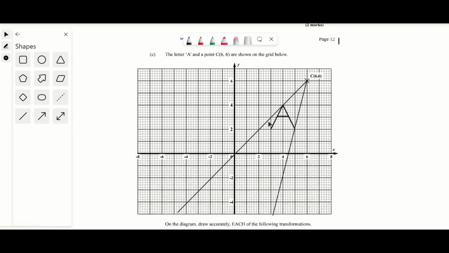So if we were to say our point of enlargement is here, from the first line here to the second line here, that is not 4. So it cannot go here.